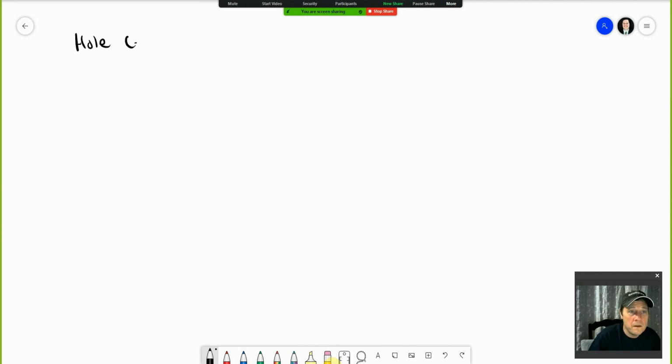Whole center lines AB are parallel to CD. So this is going to bring us back. It's going to kind of tie in our lesson from 3 weeks ago.